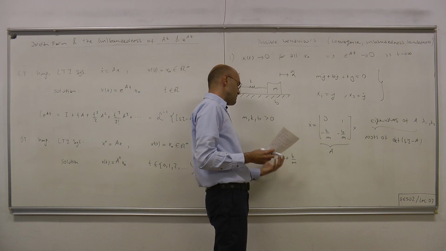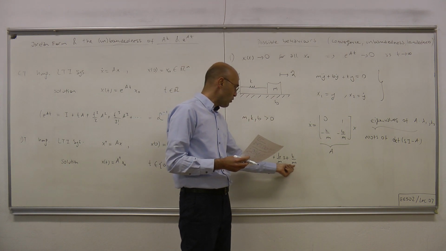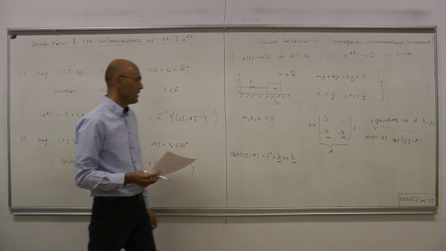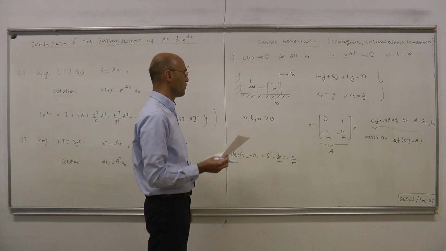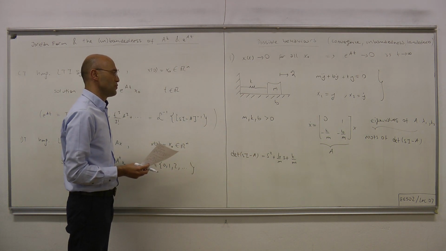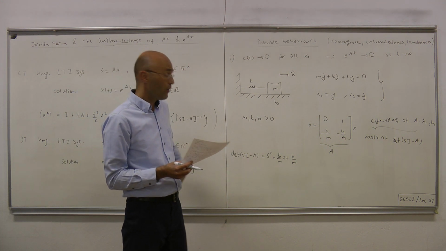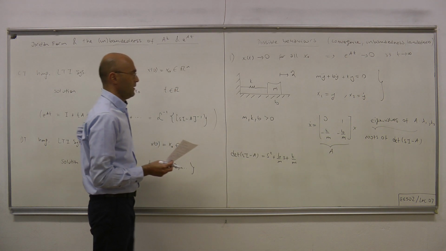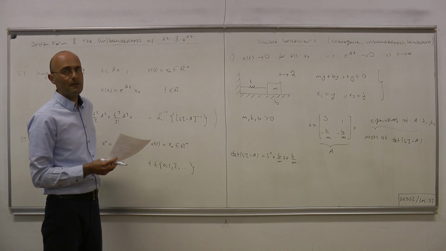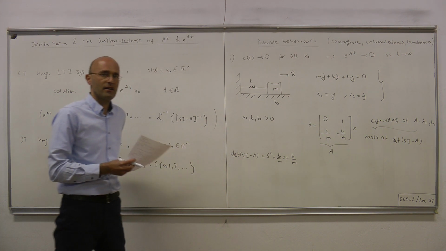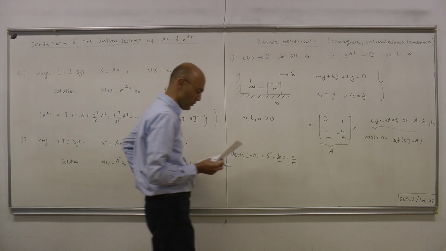What we have here is a second order polynomial, and all the coefficients are positive. That immediately allows us to reach the conclusion that all the roots of this polynomial must necessarily be in the open left half plane.